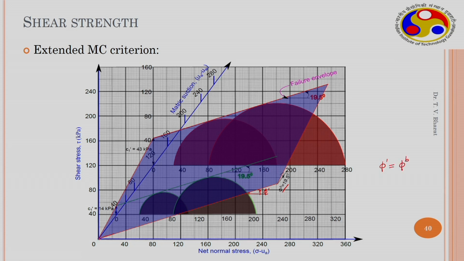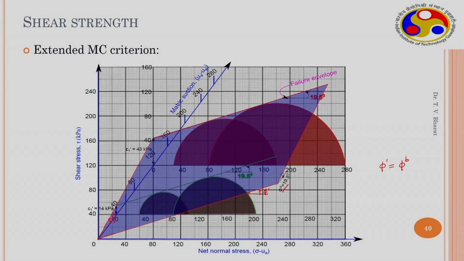So, here this line joins from the origin, and at 40 kilopascal of matrix suction, the intercept is 14, and at 120 kilopascal matrix suction, the intercept is 42.5. This line with respect to the horizontal line parallel to the matrix suction line makes an angle which is again phi b. In this case, phi b is equal to phi dash, therefore this is 19.5.